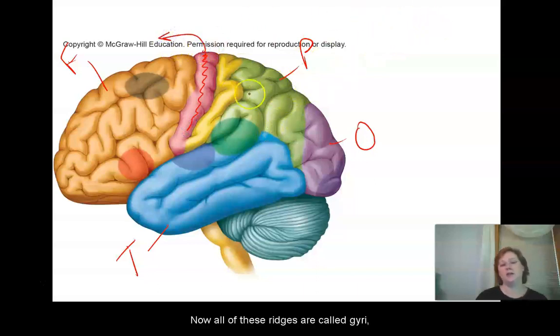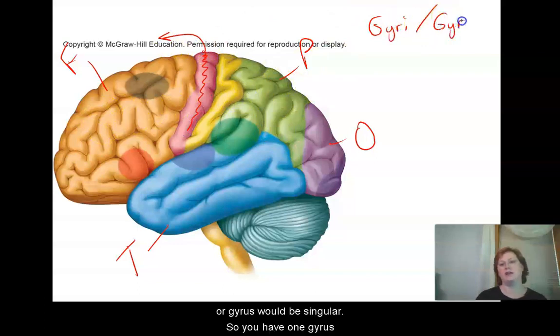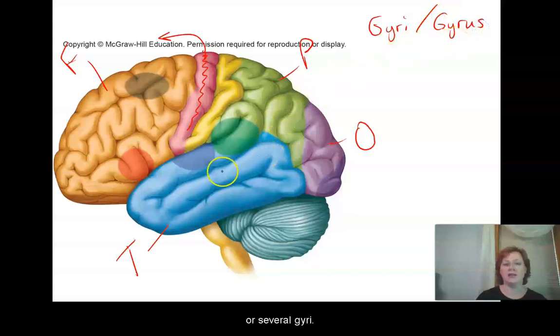Now all of these ridges are called gyri, or a gyrus would be singular. So you have one gyrus or several gyri. Those grooves or indentations between those ridges, like here and here and here, those are called sulci, or a sulcus is singular.